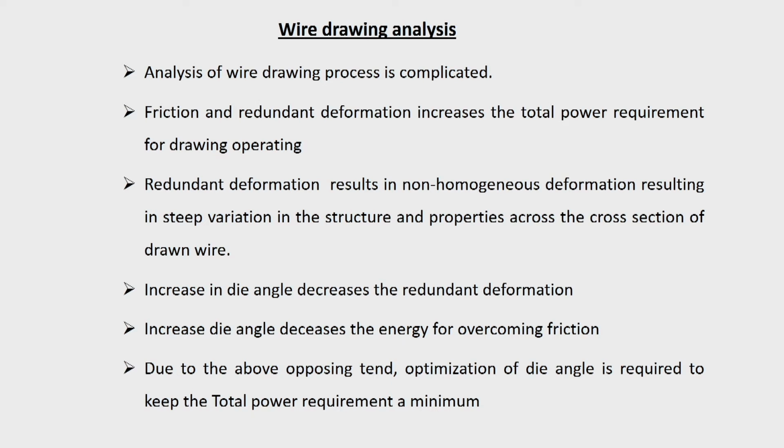So, we will be continuing with the analysis of the wire drawing operation. The detailed derivations we discussed in the last class, and you will find that a large number of expressions have come up, because though the process of wire drawing is very simple, the analysis of the wire drawing process is very complicated.